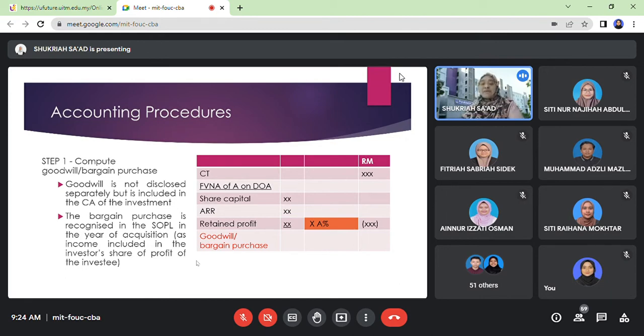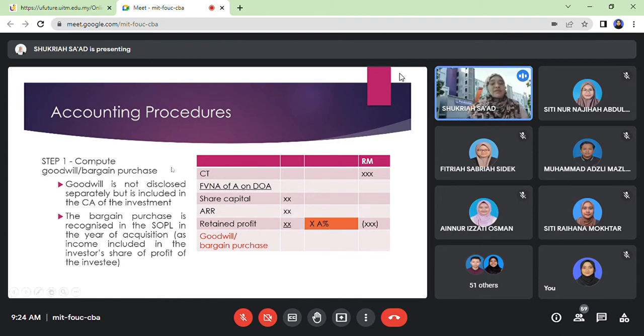However, goodwill is not disclosed separately, but it is included in the carrying amount of the investment. So the amount of goodwill shown in the SOPI is only the goodwill related to the acquisition of subsidiary, not the associate.